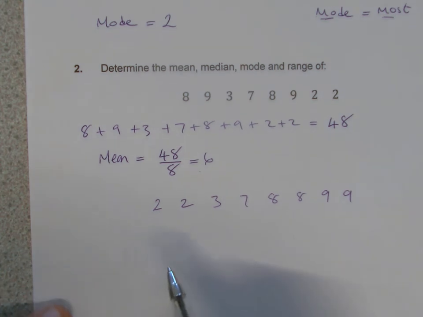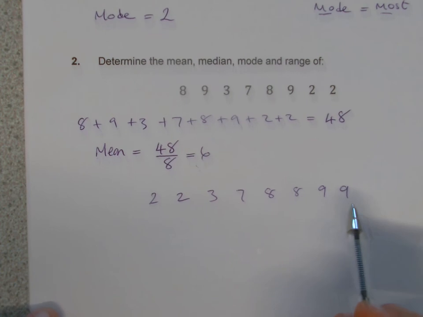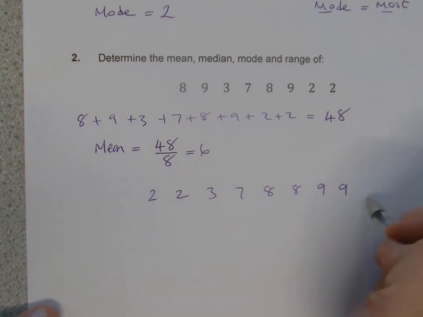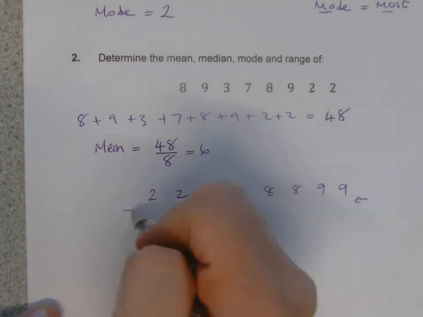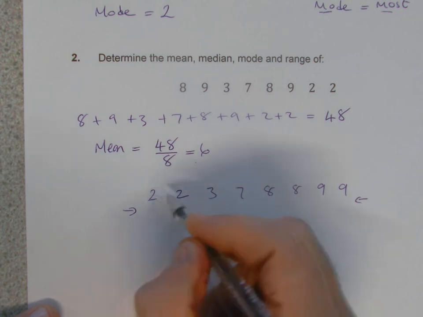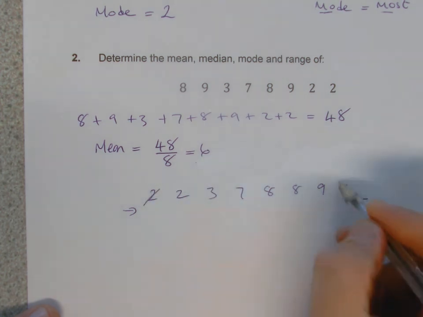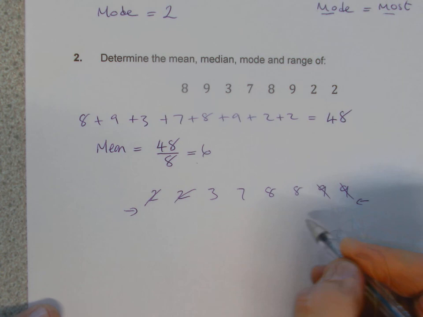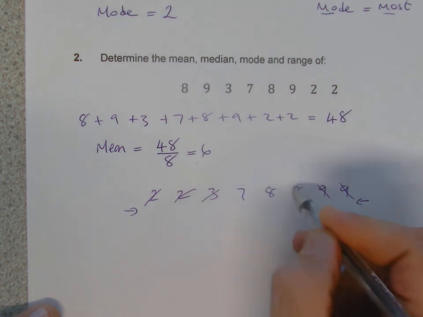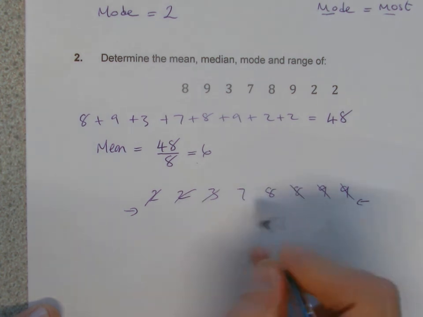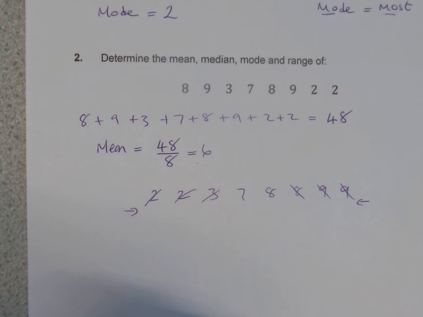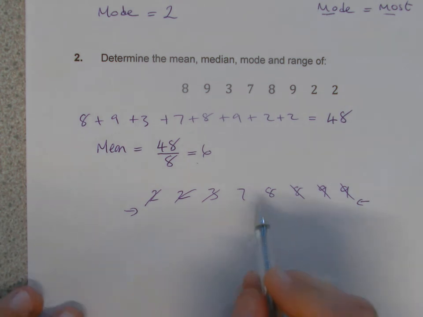To get the median, you need to work your way in. As I said, it's not so obvious which one is in the centre, so pair the end values. That 2 will match with that 9, that 2 will match with that 9, that 3 will match with that 8. Now if you're left with 2 values in the middle, which can sometimes happen, you need to go directly in between those 2 values.